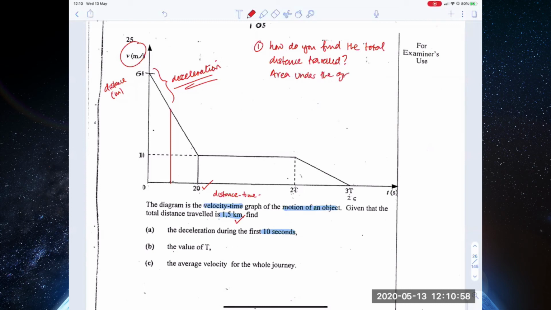If you can find the area under the graph, that means you're finding the area under this shape, this one, and this one. That will give you the 1.5 kilometers. And because this is meters per second, you might want to change that to 1,500 meters.